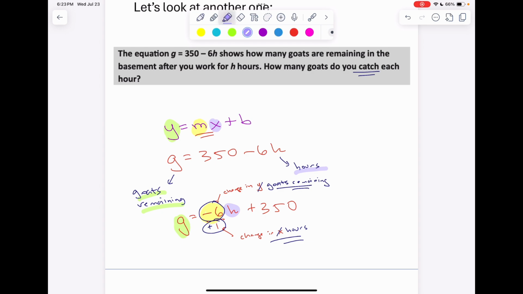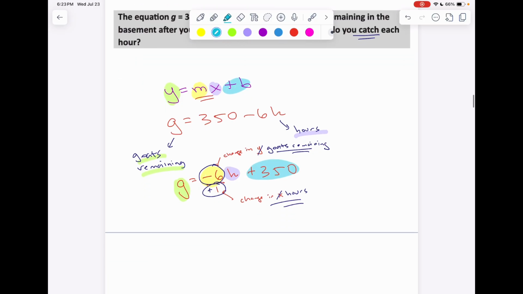Now let's just for fun think about what the 350 is there for. You know what, let me color code this for us. Let's make it light blue. 350. Well, that's our y-intercept. That's our base rate. That's our starting amount. So let me write it out one more time: g equals negative 6h plus 350, if my h was 0.